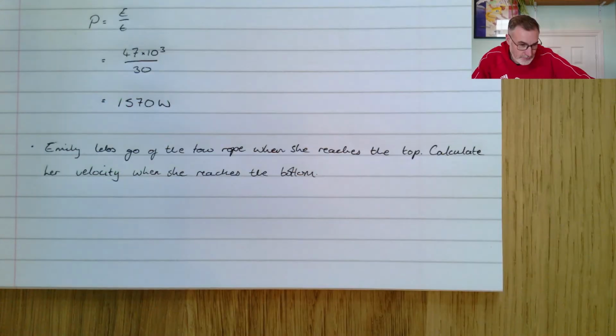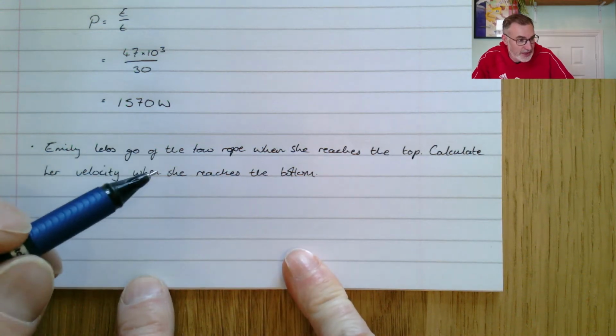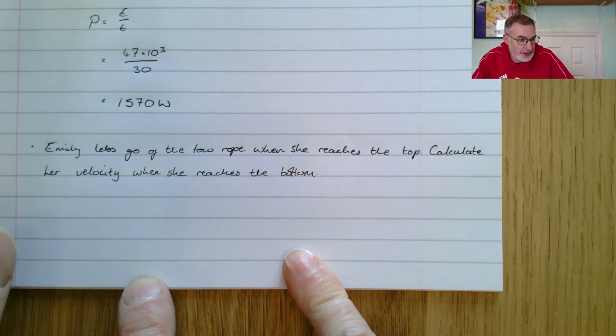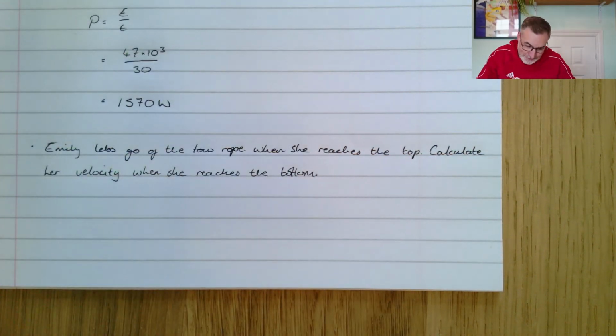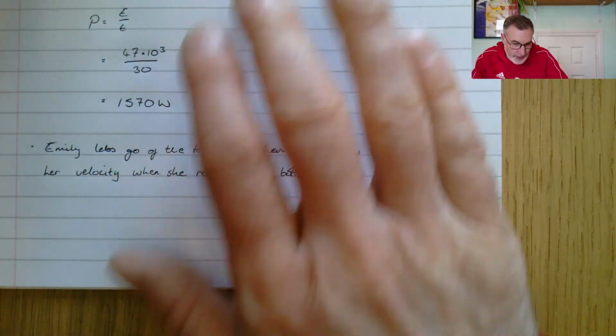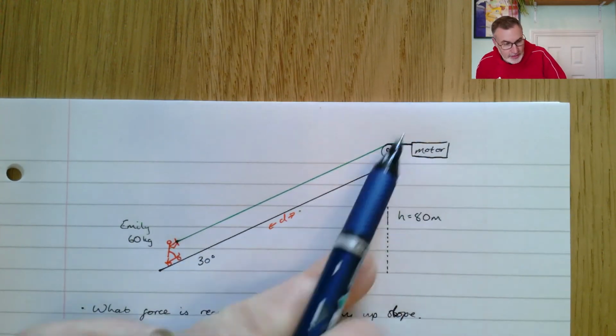Okay. Finally, Emily lets go of the tow rope when she reaches the top. Calculate her velocity when she reaches the bottom. Again, we're going to ignore any effects of friction. Now, the motor is providing energy.